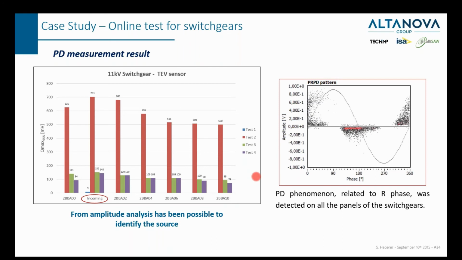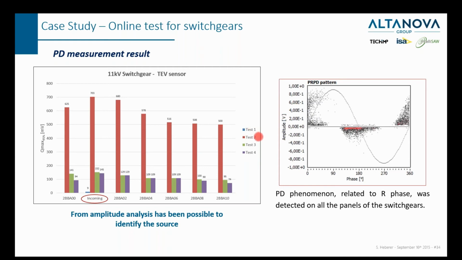The customer is cooperating to switch the load on and switch the load off. In some tests the load is half, in some the load is 10%. So that's the reason we have 4 tests. Test 1 was the no load; the incoming is switched off.